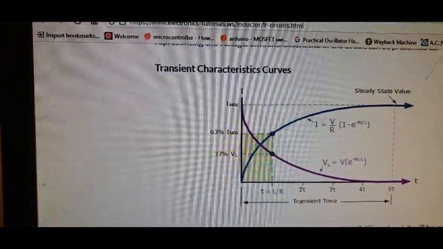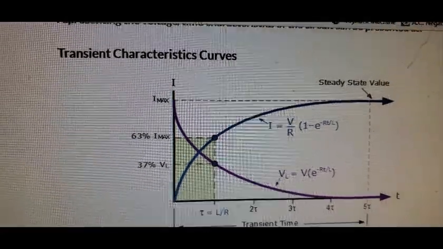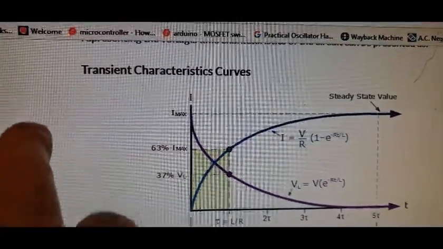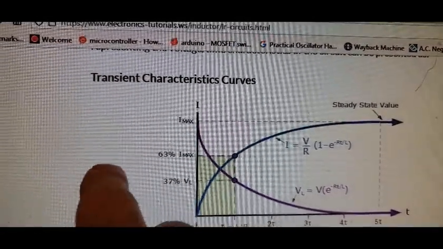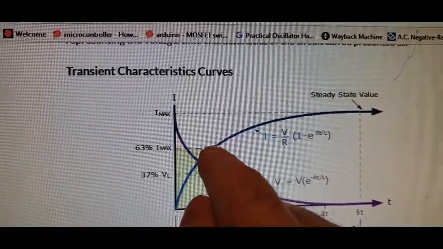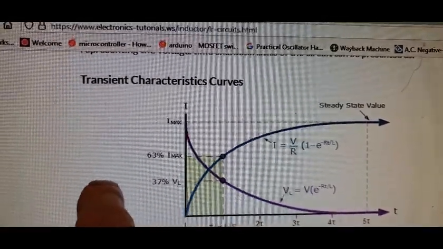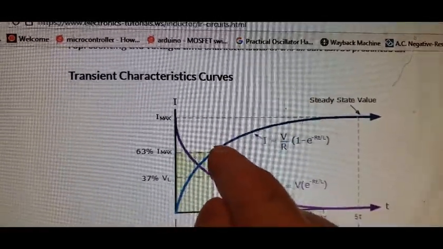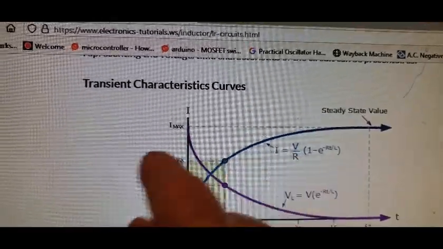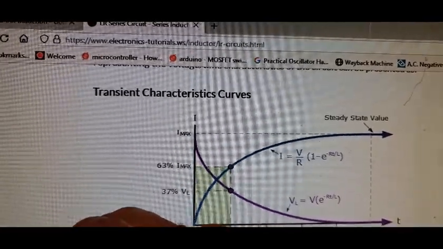Now, the last part to that, and then we'll start to do the experiments. Tau time is defined as inductance over resistance. So what happens when you keep the inductance constant, but you double the resistance? Now your tau time is twice as big. And I think I used the example of making the resistance 100 times bigger.